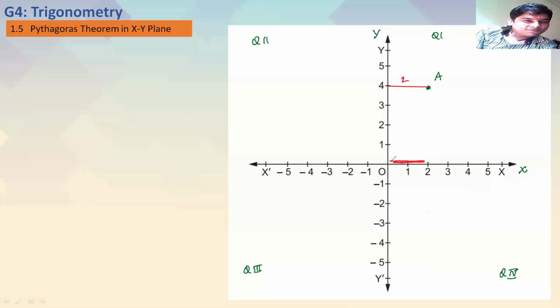This is parallel to this, so the distance would be the same, right? That is 2. What about this height? Let me draw in blue. 4. Absolutely. So we say that this A has coordinates 2, 4.